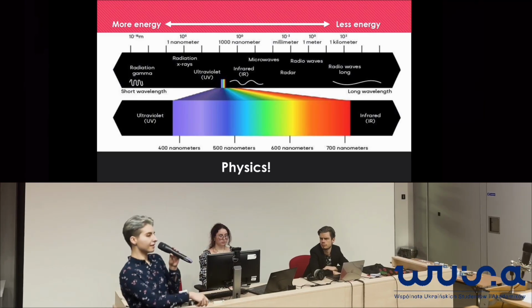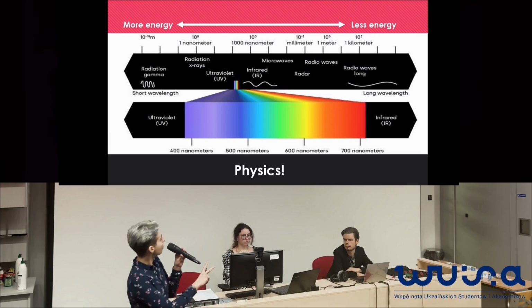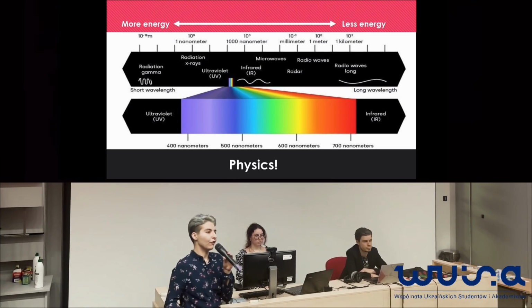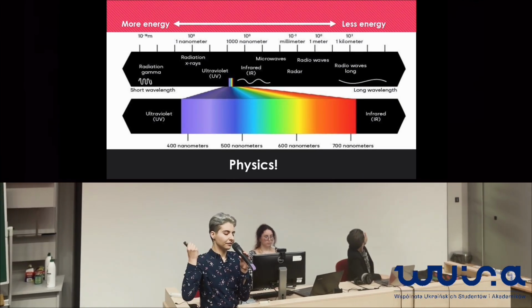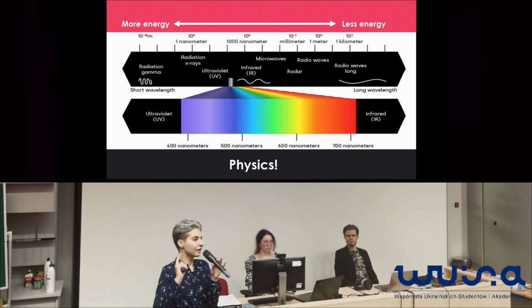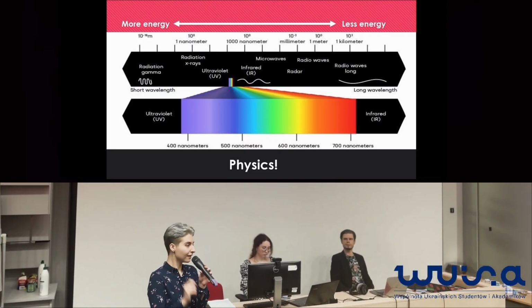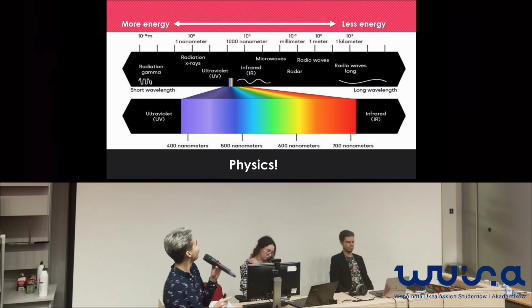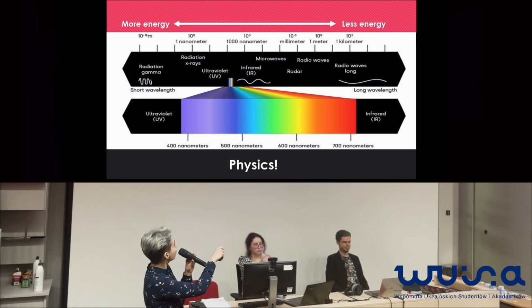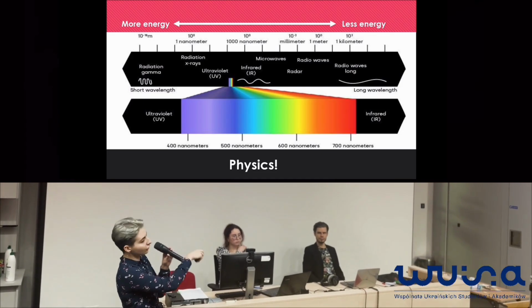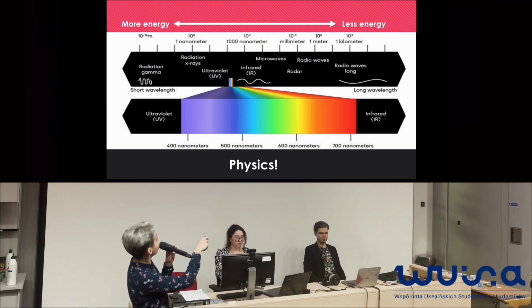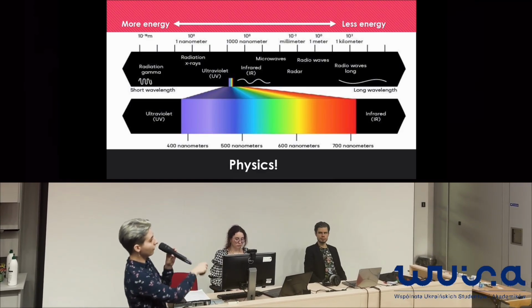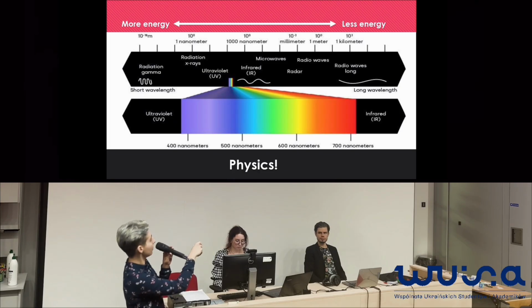This diagram shows the spectrum of electromagnetic radiation. The thing I want you to remember, because there will be a little test later, is that the shorter the wavelength of electromagnetic radiation, the more energy there is in this wavelength. For example, gamma radiation.